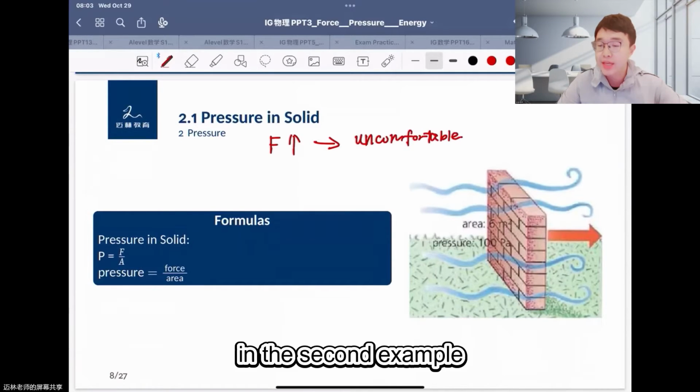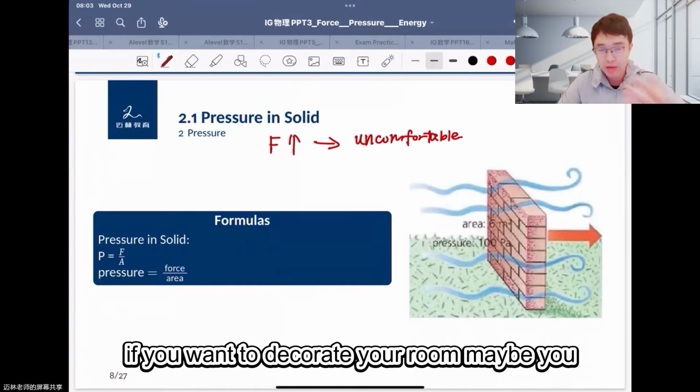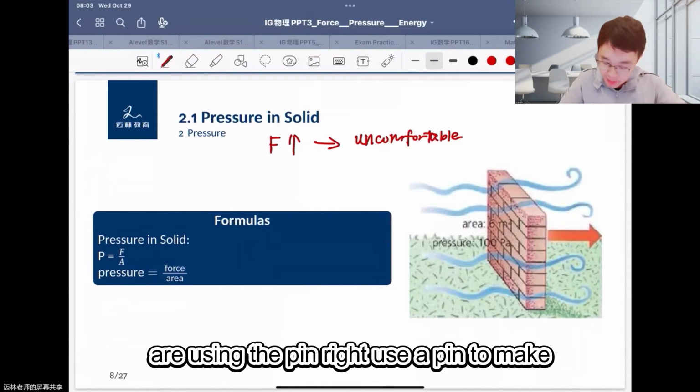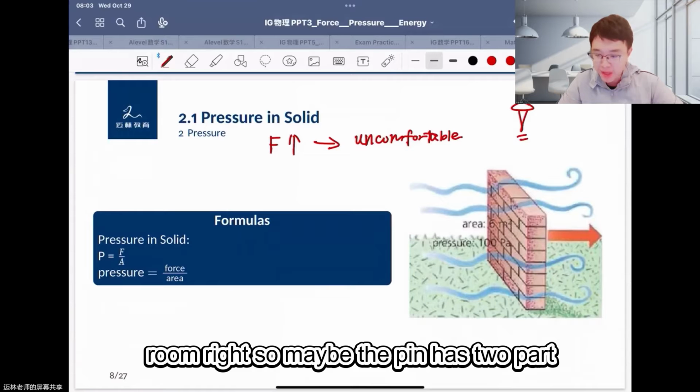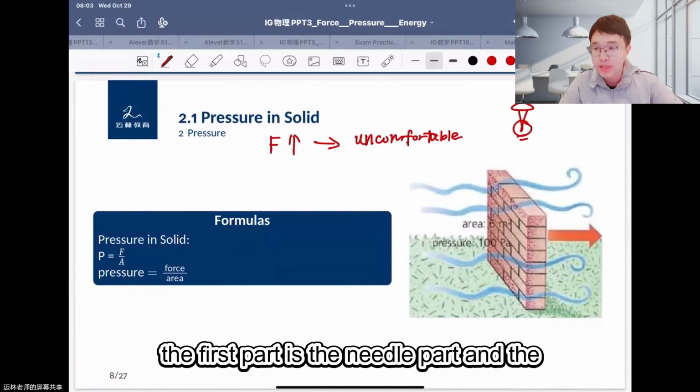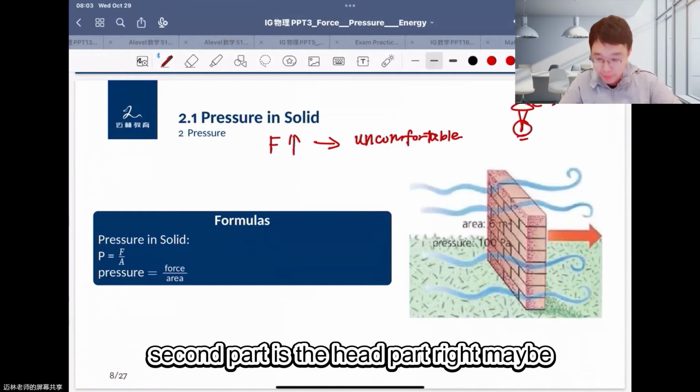And in the second example, if you want to decorate your room, maybe you are using a pin, right? You use a pin to fix some decorations on your room. The pin has two parts. The first part is the needle part, and the second part is the head part, right?